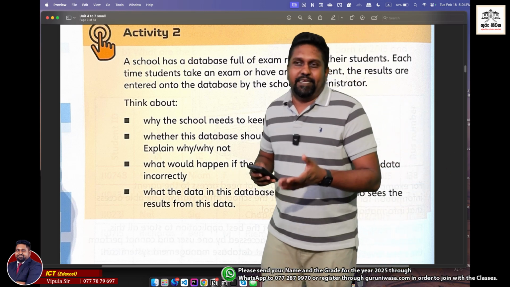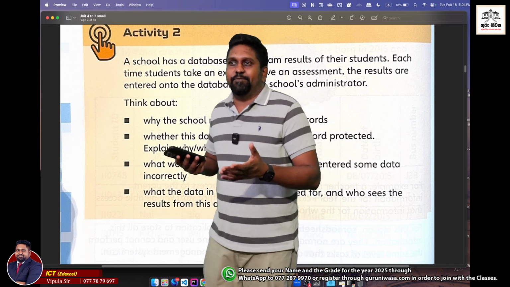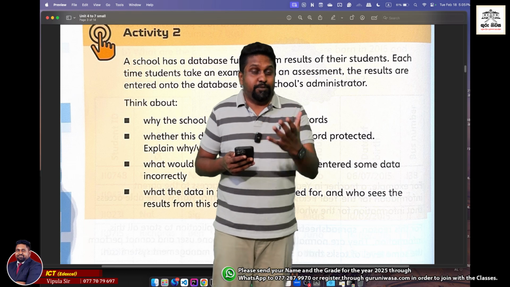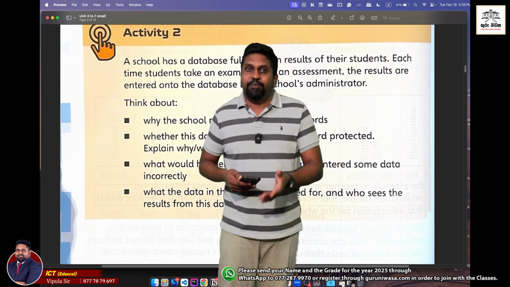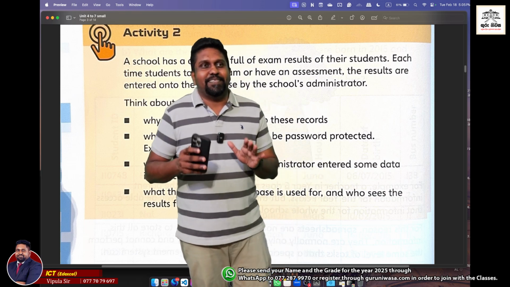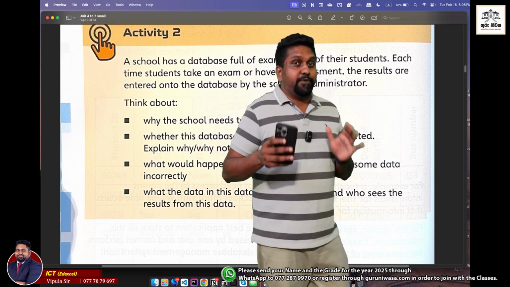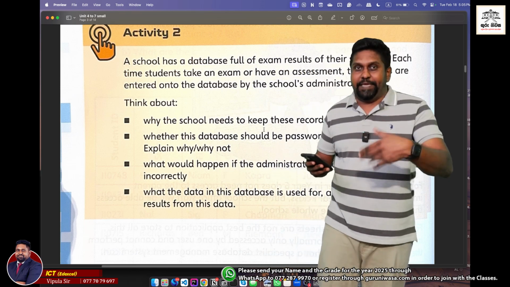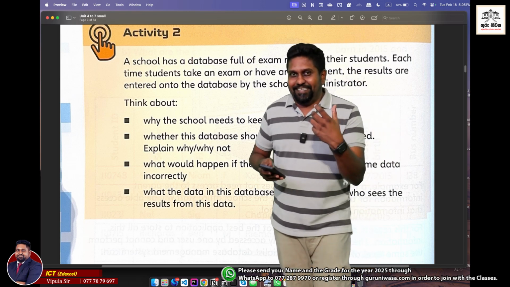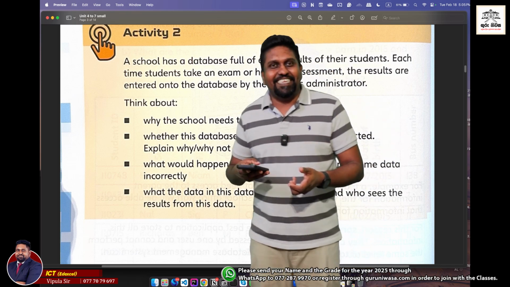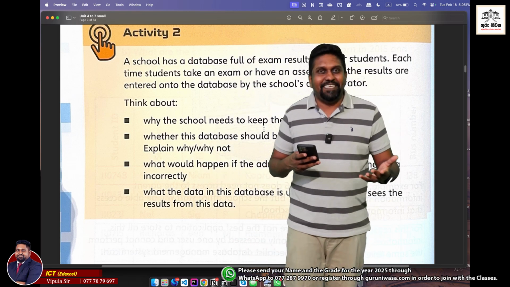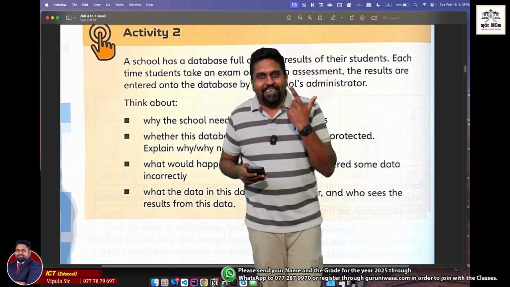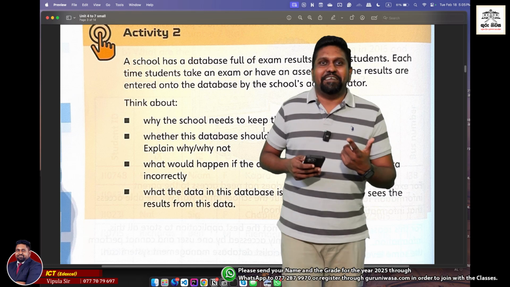Let's say the chair is broken and it costs 500 rupees to repair the chair. Obviously somebody will have to pay that money. So that information has to be kept someplace, right? And that is where the inventory comes in.